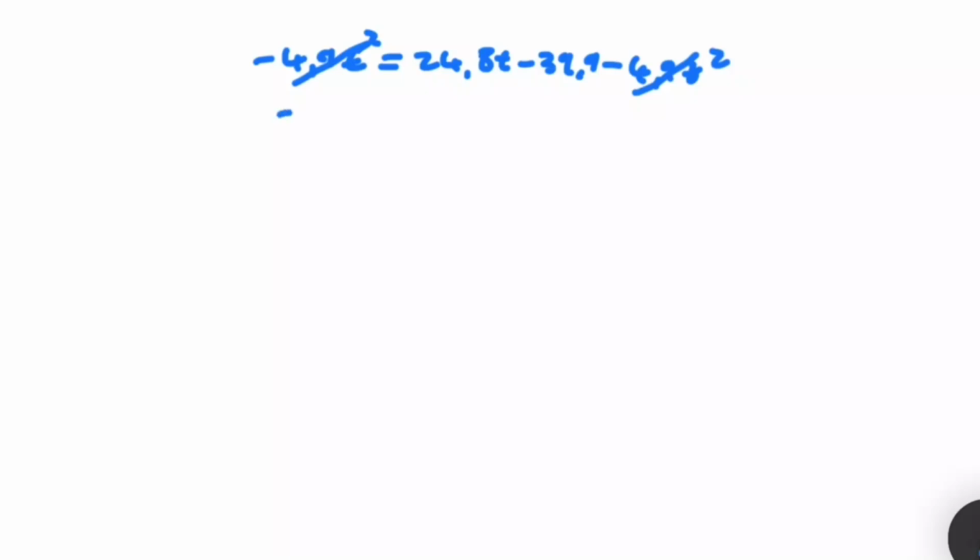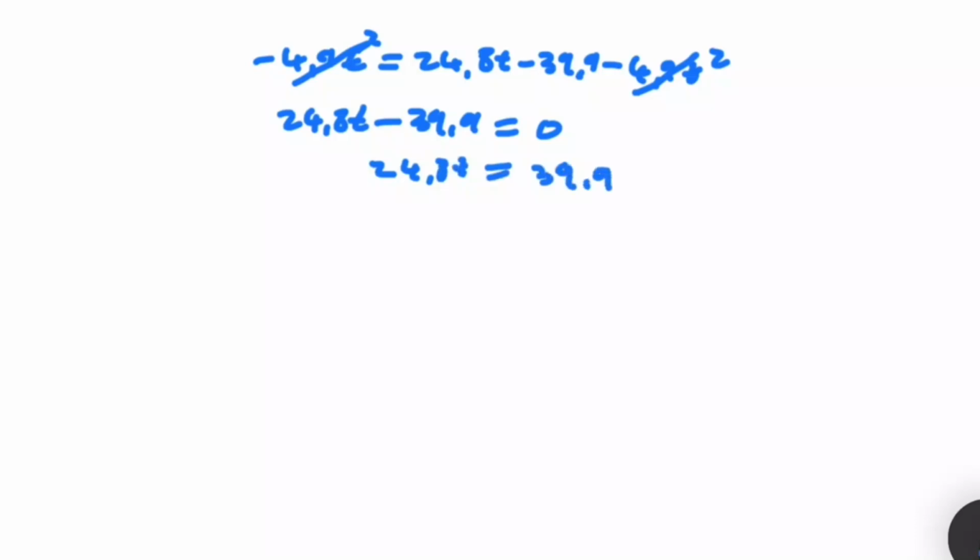So we're going to have 24.8 t minus 39.9 equals 0. So 24.8 t equals 39.9. If we divide both sides by 24.8, we're going to have 1.61 seconds.